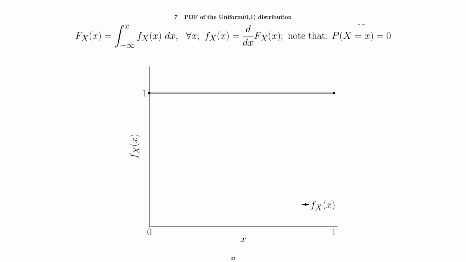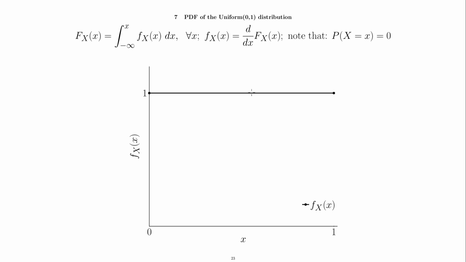Which means that the way we previously defined this function in terms of the probability that x is equal to x, for continuous random variables this is always going to be equal to 0, because essentially this is the integral from a to a of f of little x dx, which is just equal to f of a minus f of a, which is equal to 0.